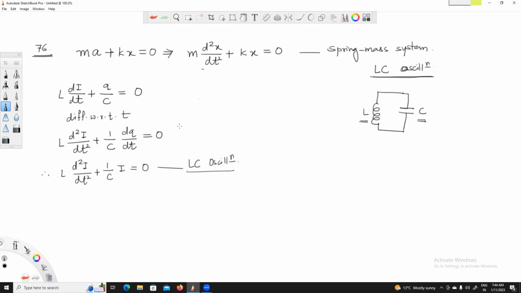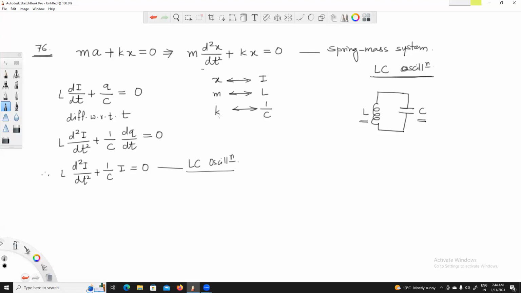If you compare, both are similar. Your displacement x is exactly similar to current in LC oscillations. Your mass is similar to your inductance. The spring constant is similar to the reciprocal of your capacitance. So this is the analogy between the spring mass system and LC oscillations.